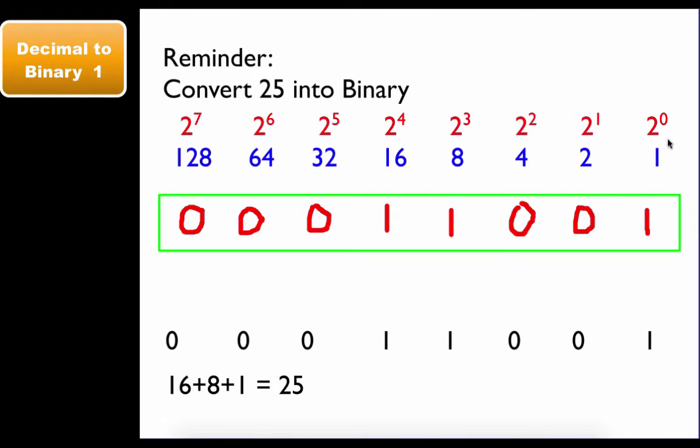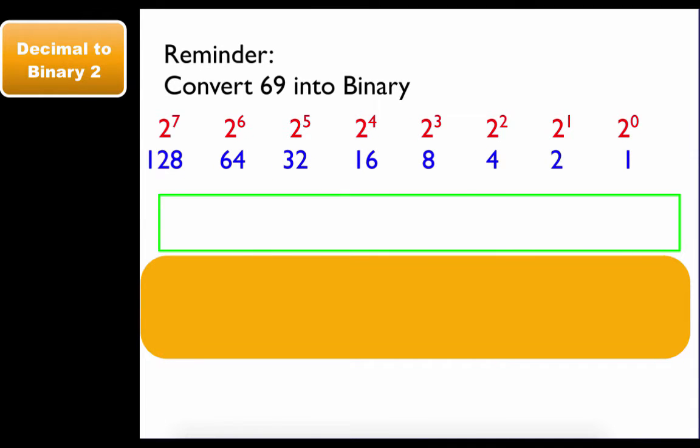Let's try another. Let's try the number 69 into binary. Again, 128 is too big, but 64 fits. So 64 plus 4 is 68, plus 1 is 69, and then everything else will be a 0.